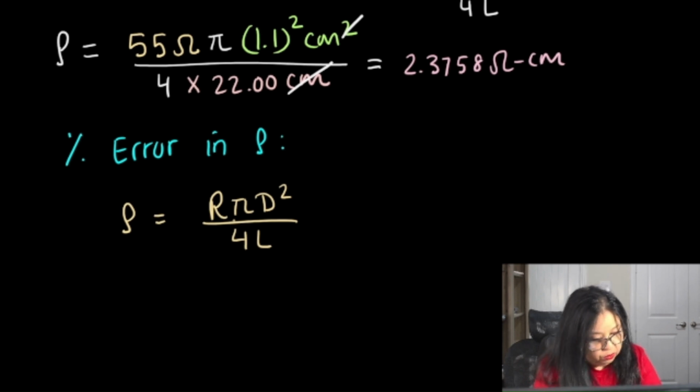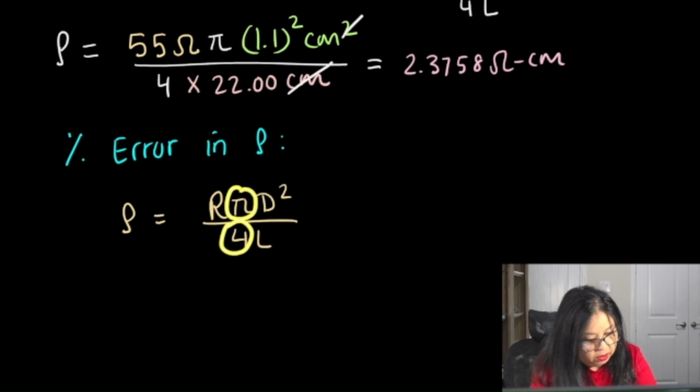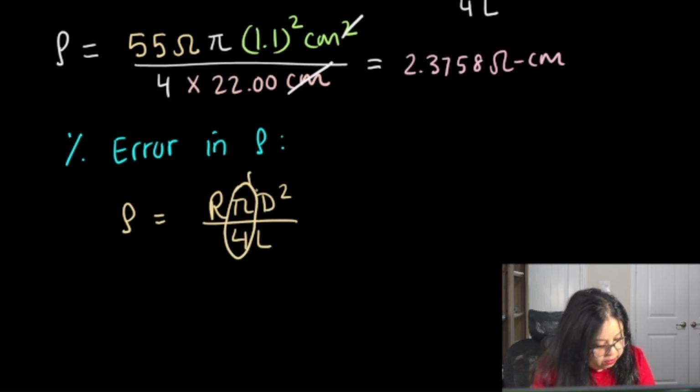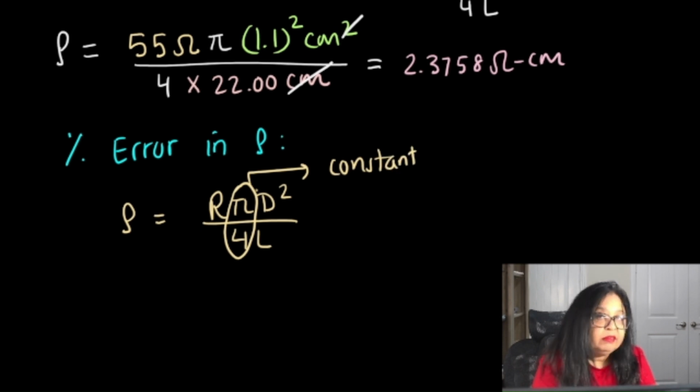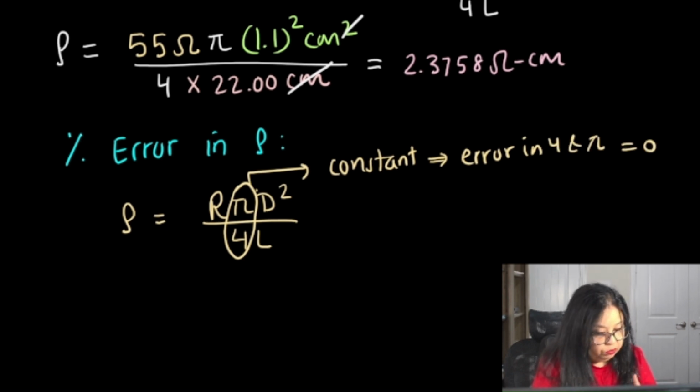Now in this equation over here, this pi and 4 are constants. What is the error in the constant? 0. So this implies the error in 4 and pi is 0. So when you're writing down the percentage error formula for rho, disregard pi and 4 on the right hand side.